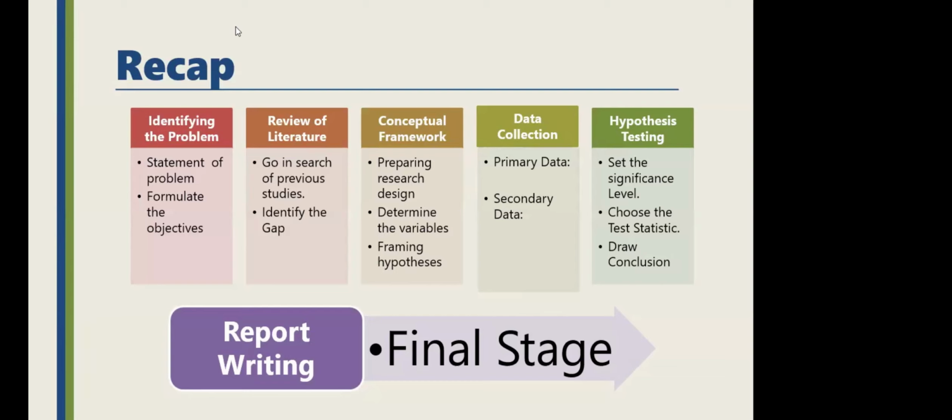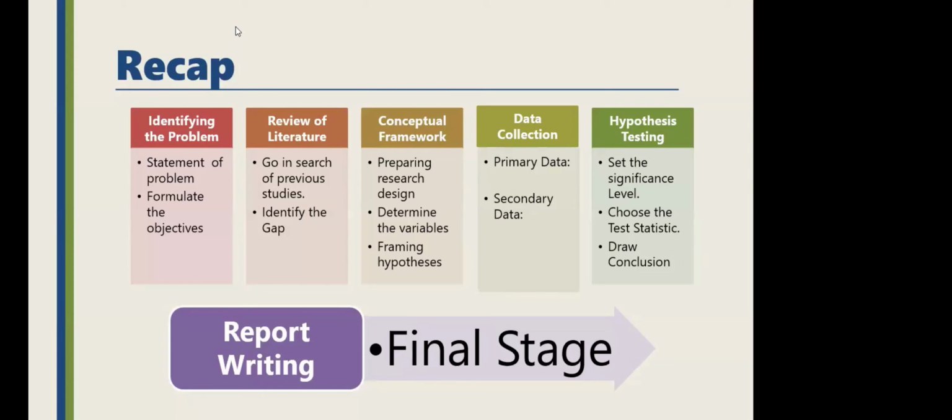Primary data is raw data, or first-hand data, gathered by the researcher himself from the respondent. Secondary data means data collected by someone else earlier, which you use for your study purpose. Then comes the hypothesis testing.